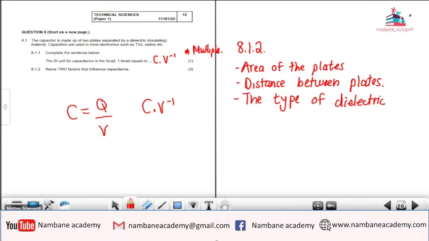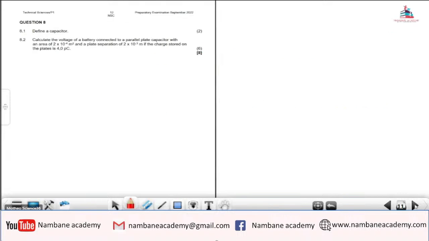Okay. Now let's try this one. It's the last question from past papers. Again, define the term capacitor. Remember now, as much as we keep saying a device that stores electrical charge, watch out for capacitance as well. Watch out for it.